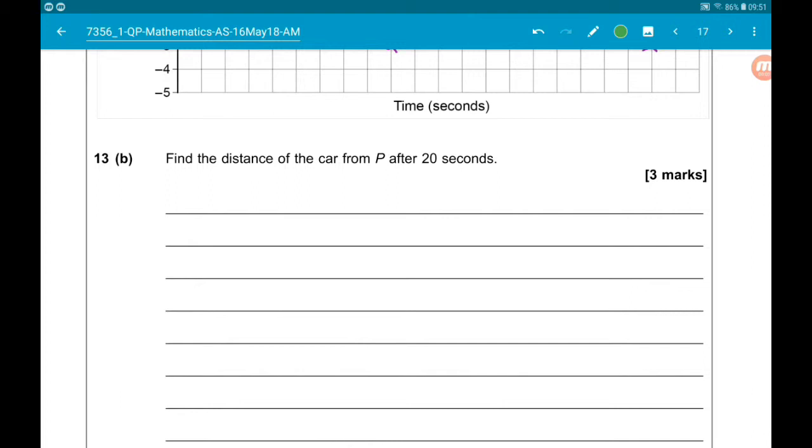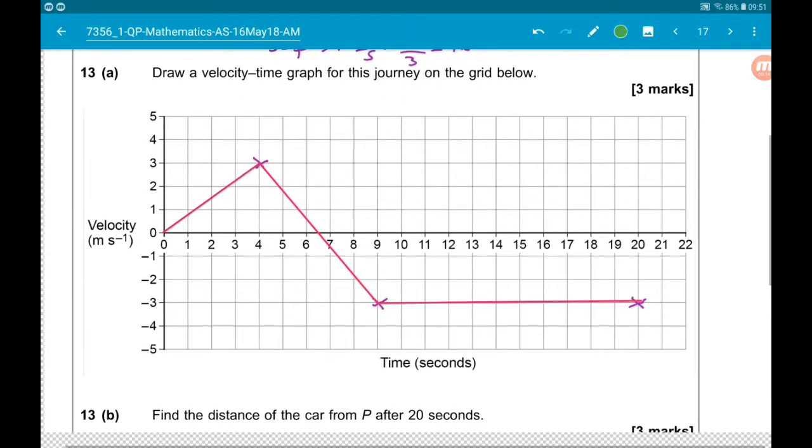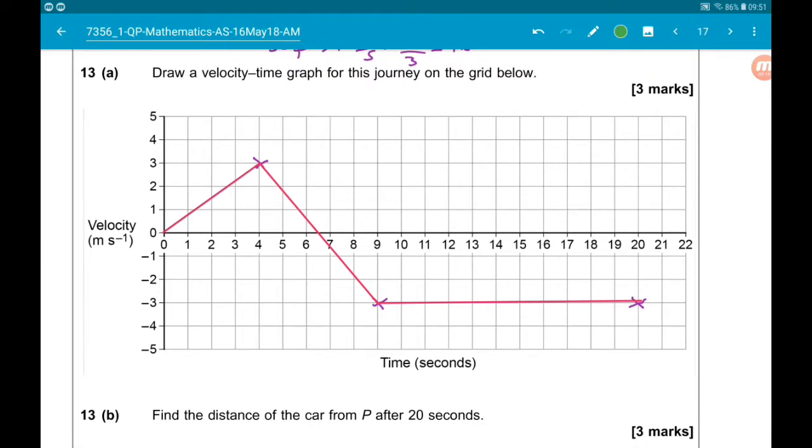Okay, and then part B wants us to find the distance of the car from point P after 20 seconds. So, on our graph, there are two different types of velocity happening. There's positive and negative.